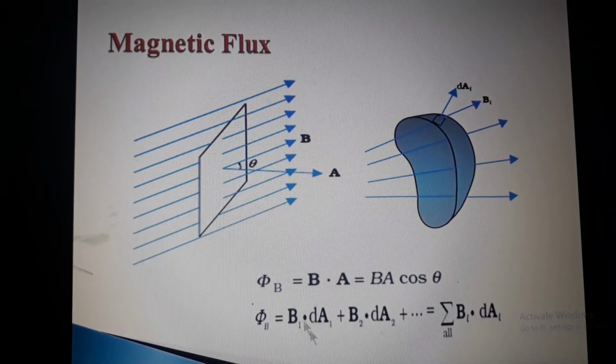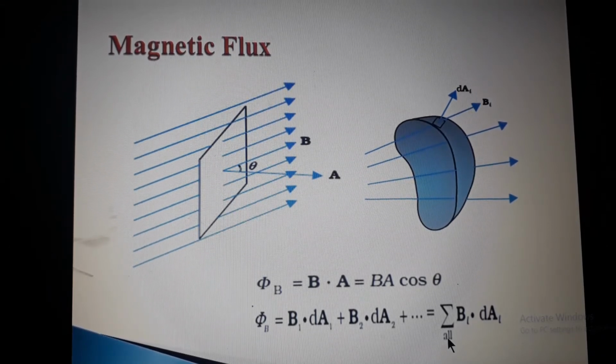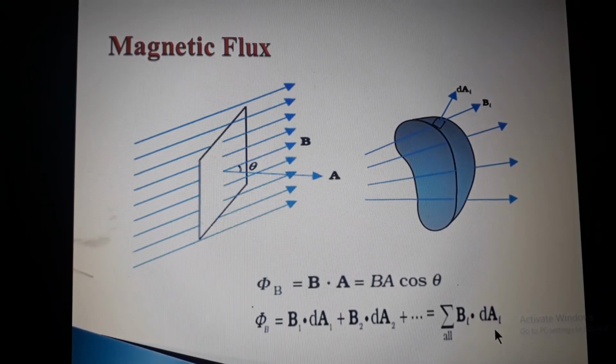If you sum all the magnetic field and area products, you will get phi B, the magnetic flux. So phi B is equal to the summation over all i of Bi dAi.